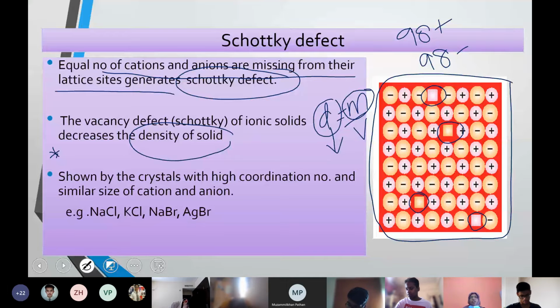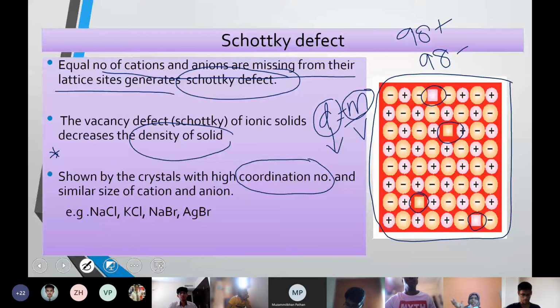So basically this kind of Schottky defect is shown by crystals with a geometry where a high coordination number is there. We discussed HCP arrangement and CCP arrangement, where the coordination number is 12, right? Such close packing arrangements, hexagonal close packing and cubic close packing, have a tendency of showing Schottky defect.